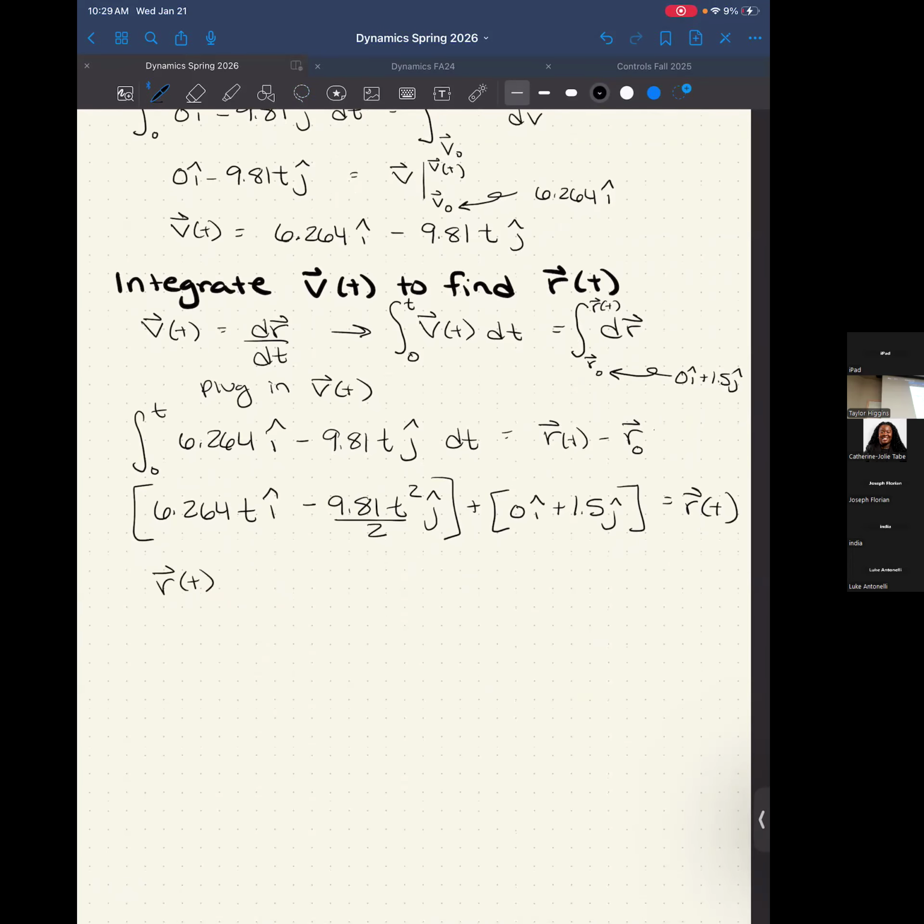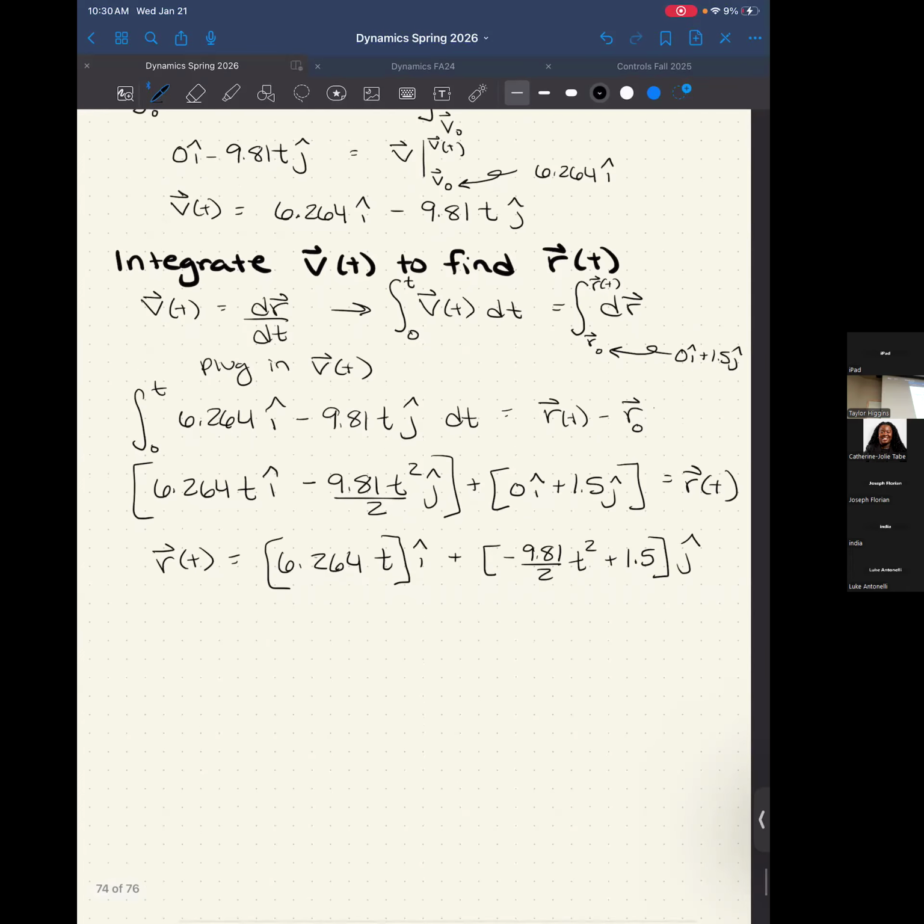R of t, we should get as 6.264 t i hat plus minus 9.81 over 2 t squared plus 1.5 j hat. Okay. I did it, so.